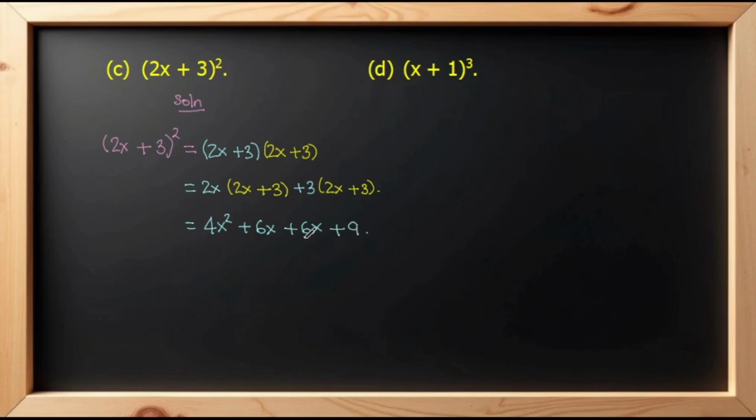Now again we simplify the middle terms. So here we have 4x squared plus 12x plus 9, and that is the expansion of this algebraic expression with 2x plus 3 raised power 2.